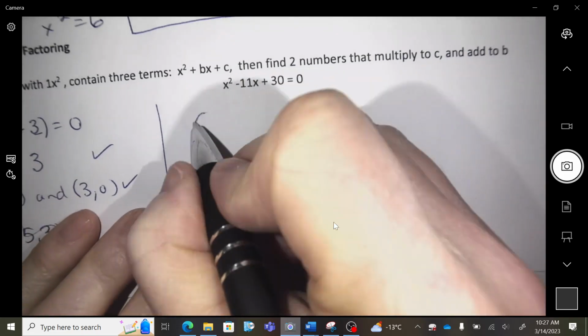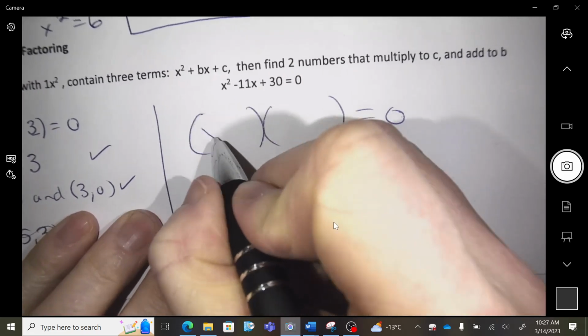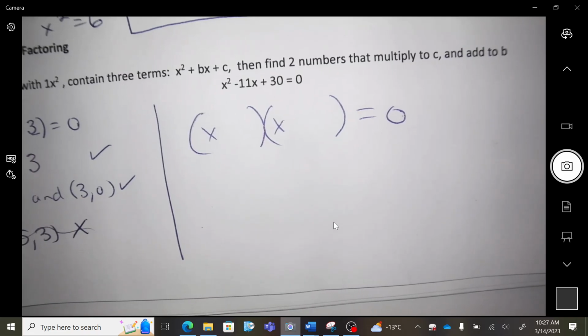Multiplies to 30. Multiply to 30, and you've got to make those numbers add to 11.